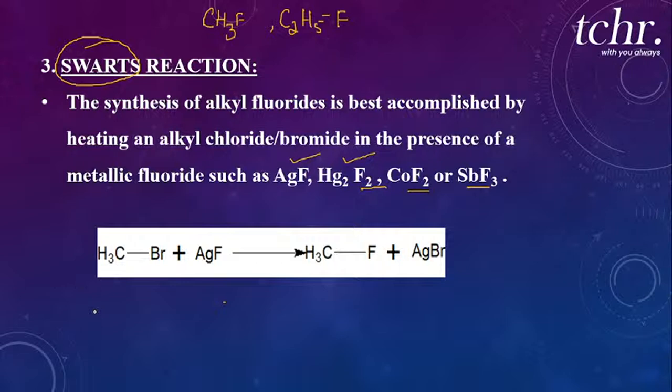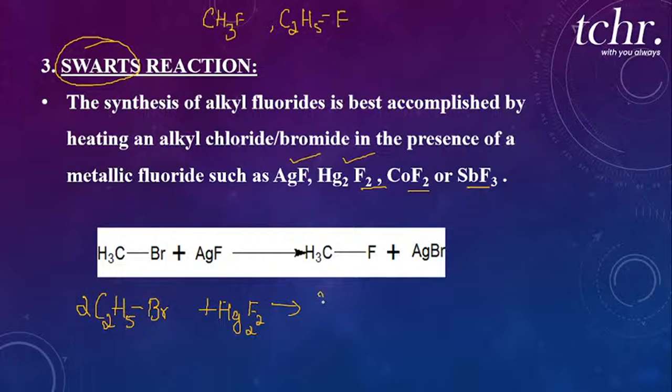Also, for example, I take ethyl bromide, C2H5Br, and treat it with mercurous fluoride, Hg2F2. What I have to do here, dear students, is balance the equation. Mercurous fluoride contains two fluorine atoms, so I take two molecules of bromoethane.